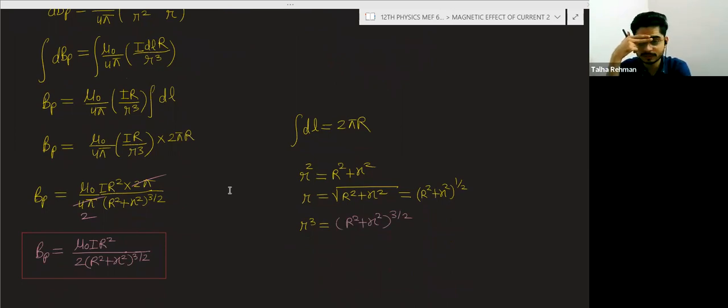That is why integration is very important for physics. Those who are maths students are aware of integration properly.